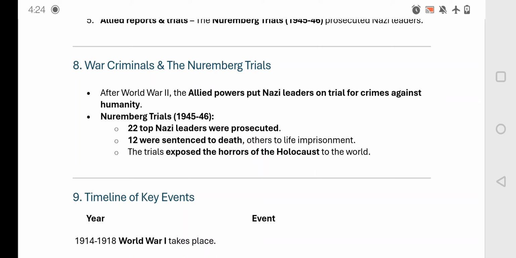After World War II, the Allied powers put Nazi leaders on trial for crimes against humanity. These leaders were known as war criminals. In the Nuremberg trials, 22 top leaders were prosecuted, 12 were sentenced to death, and others to life imprisonment. The trials exposed the horrors of the Holocaust to the world.